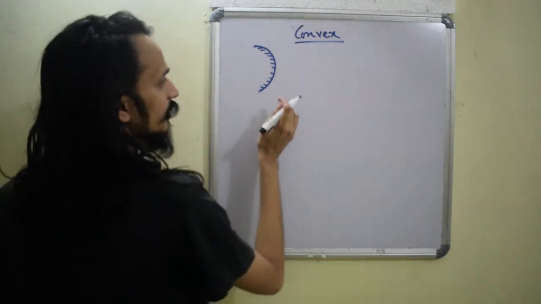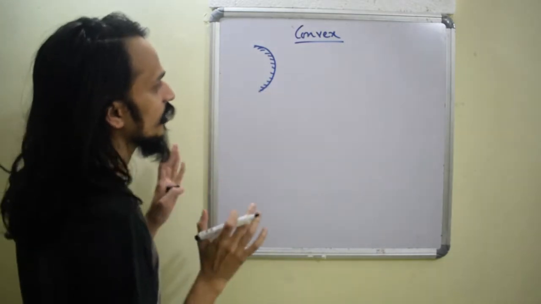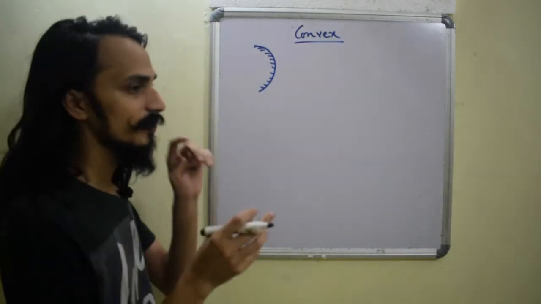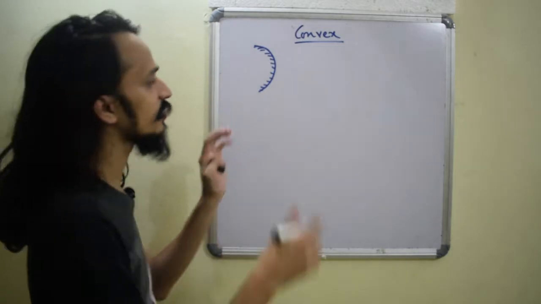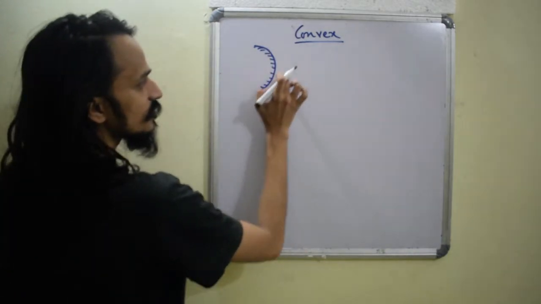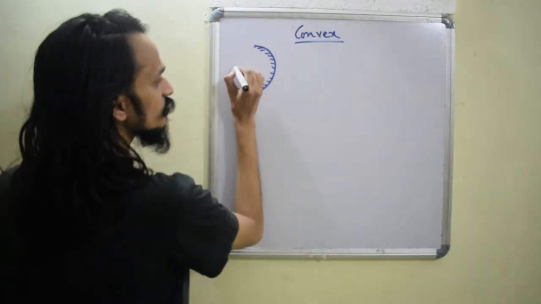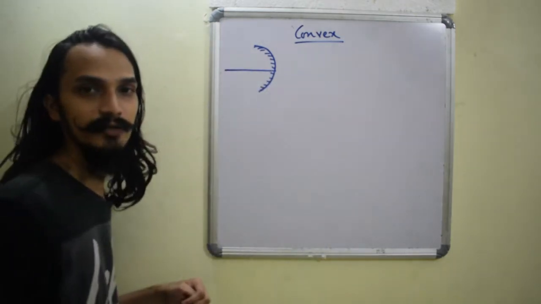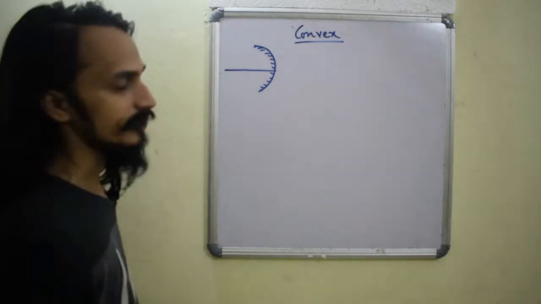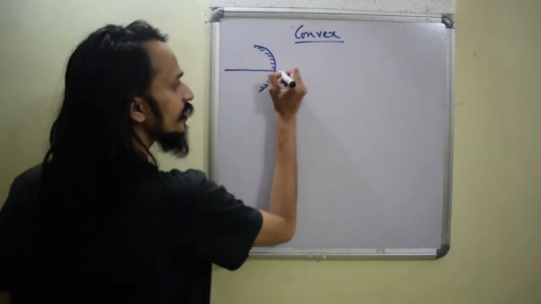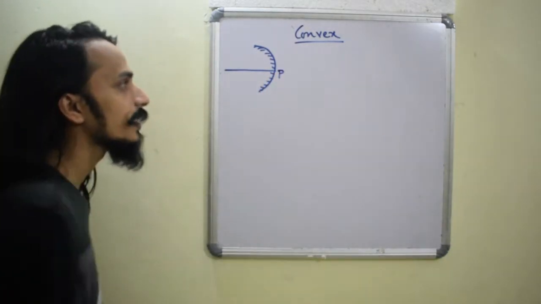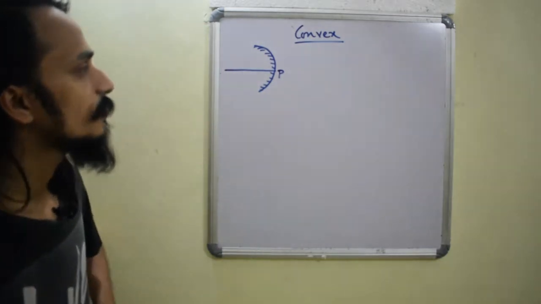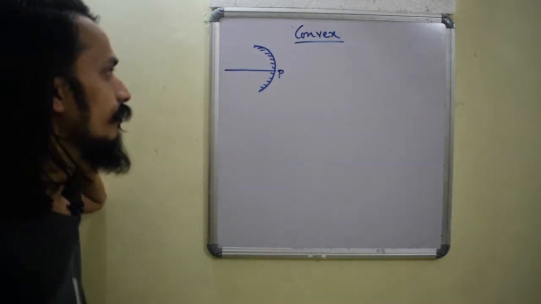But keep in mind one thing, a very easy way to remember is that the principal axis always comes on the inner side. So for this mirror, the inner side is here. I will draw my principal axis on the inside, on the non-reflecting side. This is the point P, which is the pole, the center of the mirror.